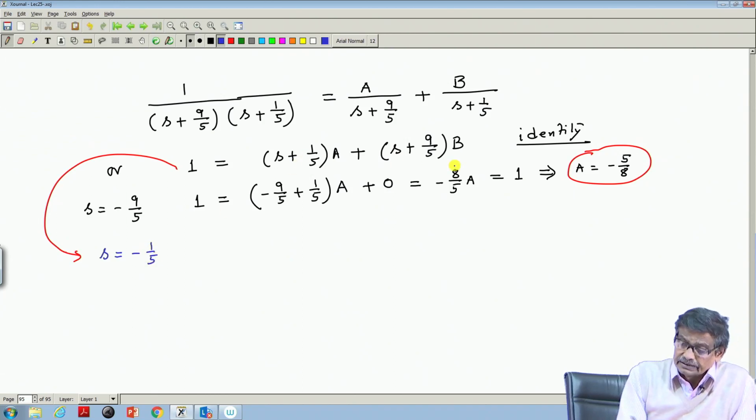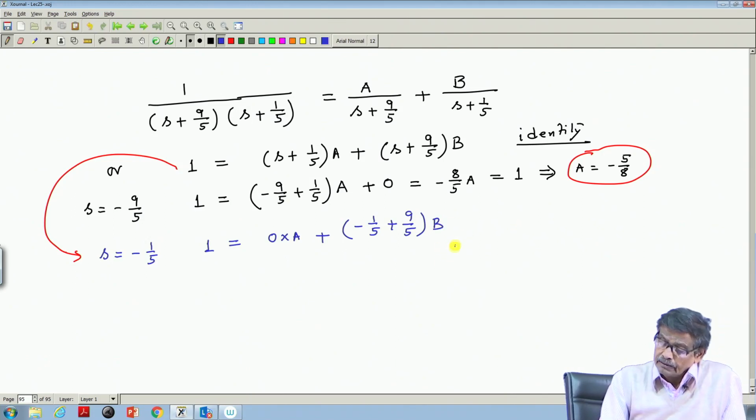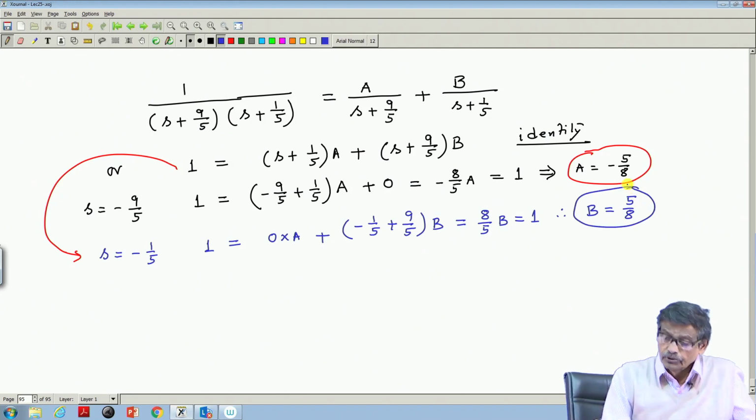It is easily seen: left hand side is 1, right hand side will be 0 into A, and this will be plus minus 1 by 5 plus 9 by 5 into B, which will be equal to 8 by 5 into B is equal to 1. Therefore, B will be equal to plus 5 by 8. So, we have almost solved the problem.